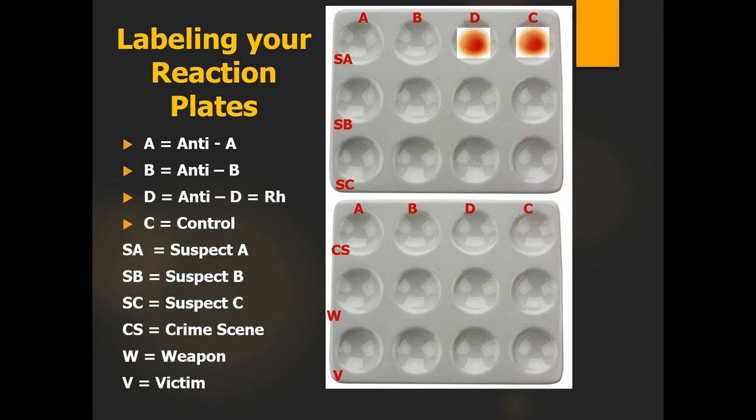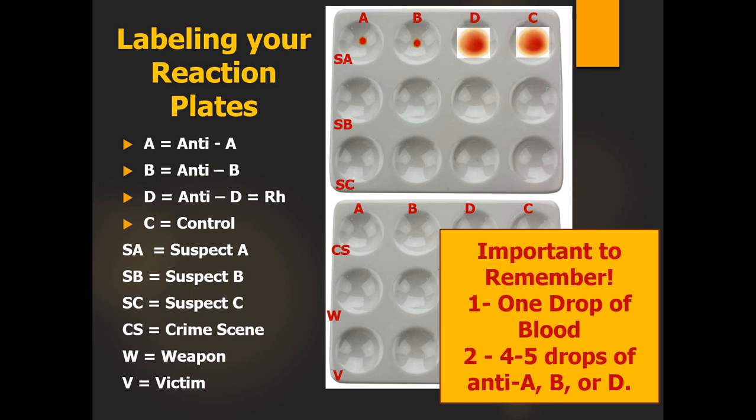Then you are physically going to move. Don't move any of the stuff out of the baskets other than to use it at that station. You go to the first station and put 1 drop in each of the wells. Then you put the antigen in to see what happens.